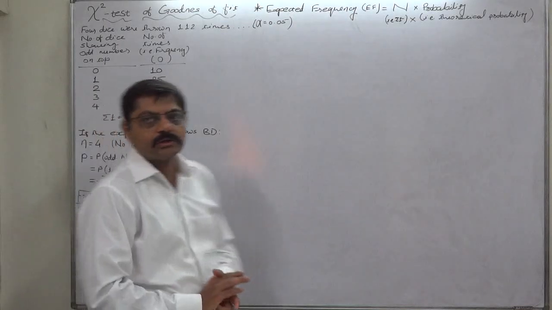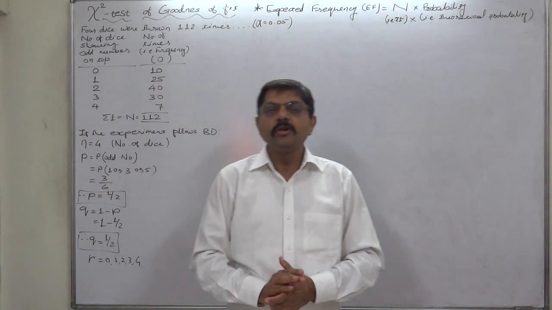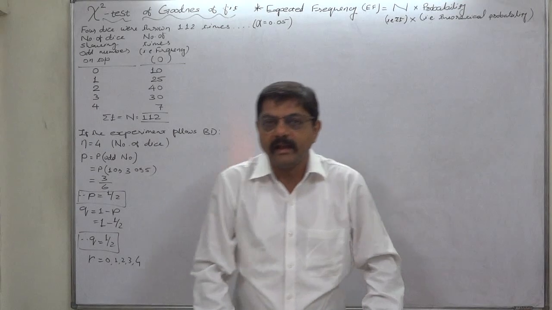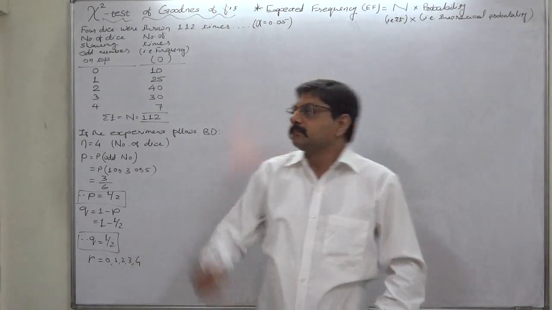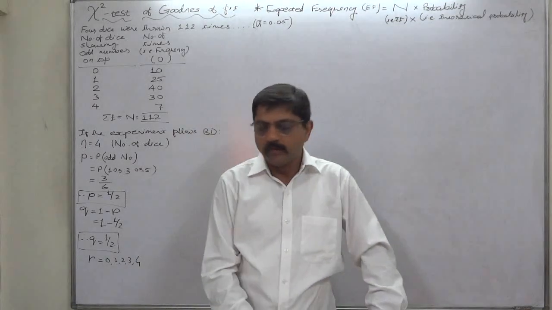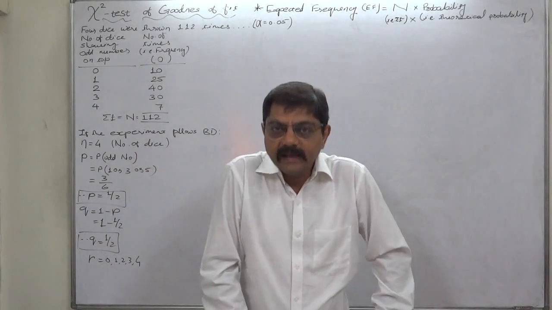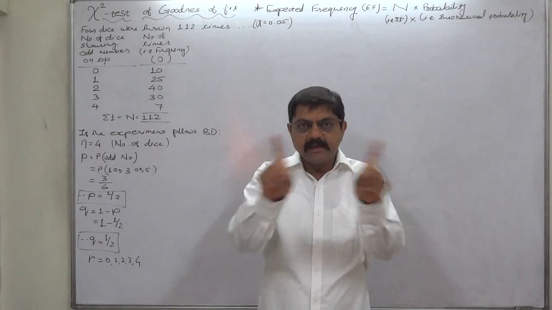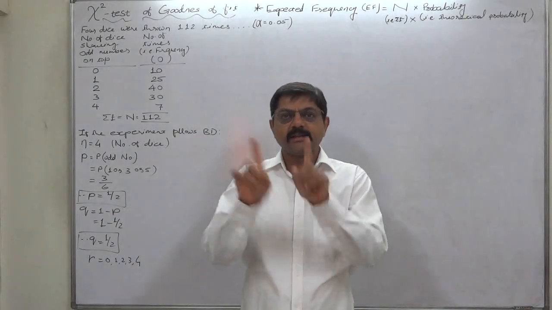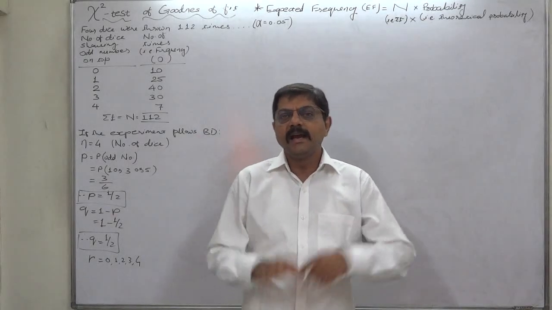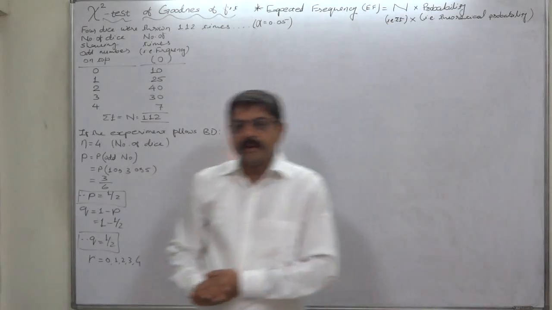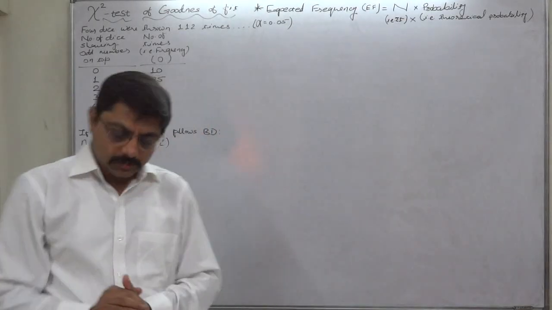So if we use the binomial distribution to calculate the expected frequencies, of course through the available data of this particular experiment, then we can simultaneously test both things: whether the dice are unbiased and whether the experiment follows binomial distribution or not.